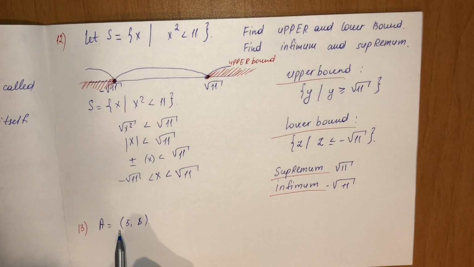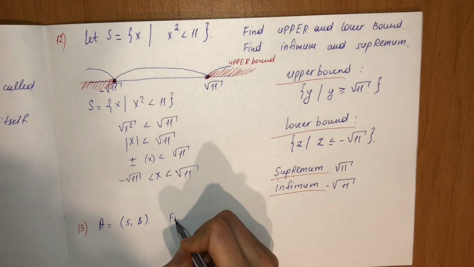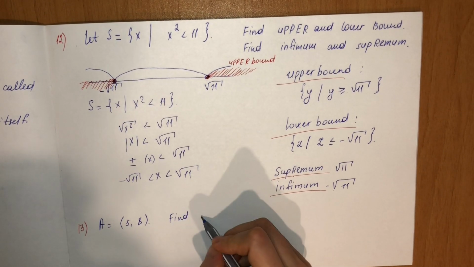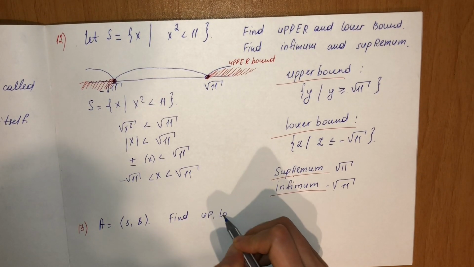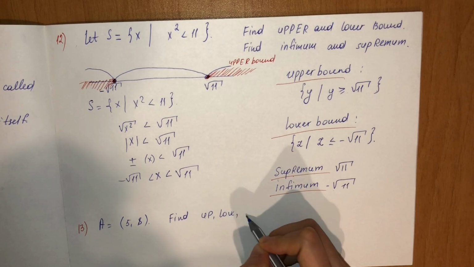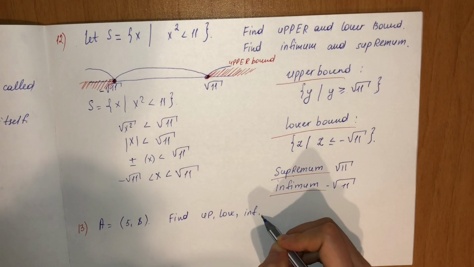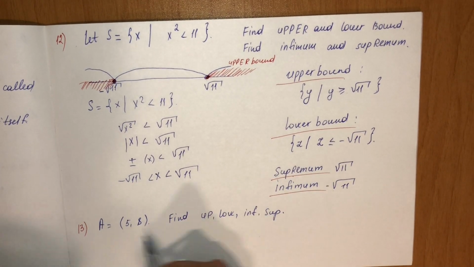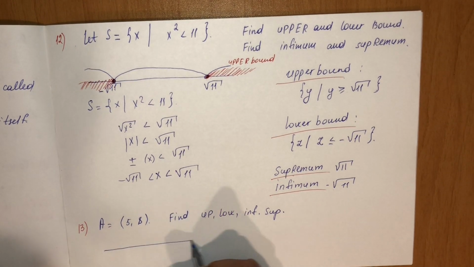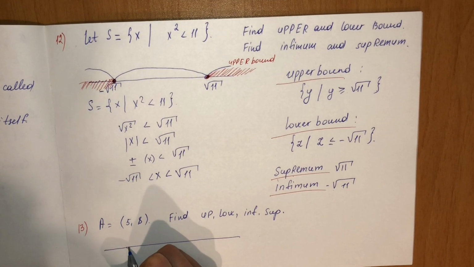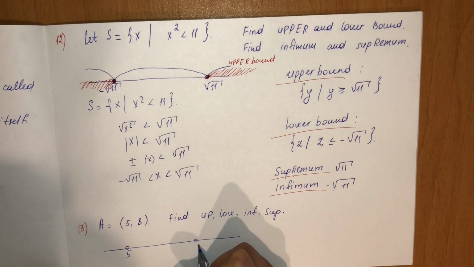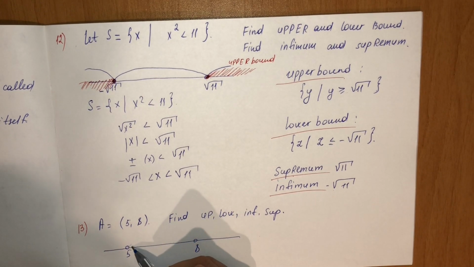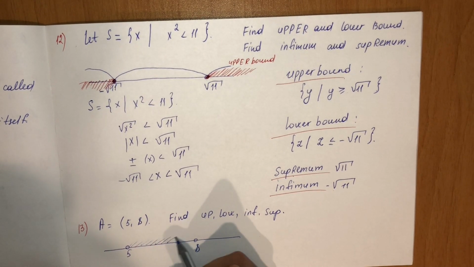And what about this set? A is the interval from 5 to 8. We should find the upper bound, lower bound, infimum, and supremum of A. This is our real number line. The interval is from 5 to 8.